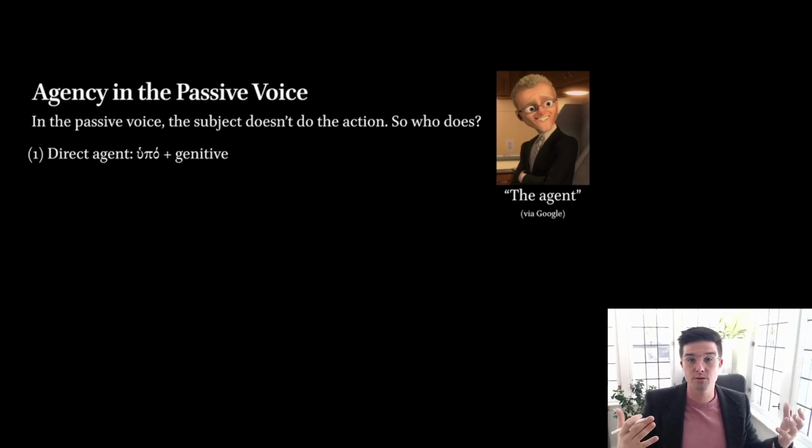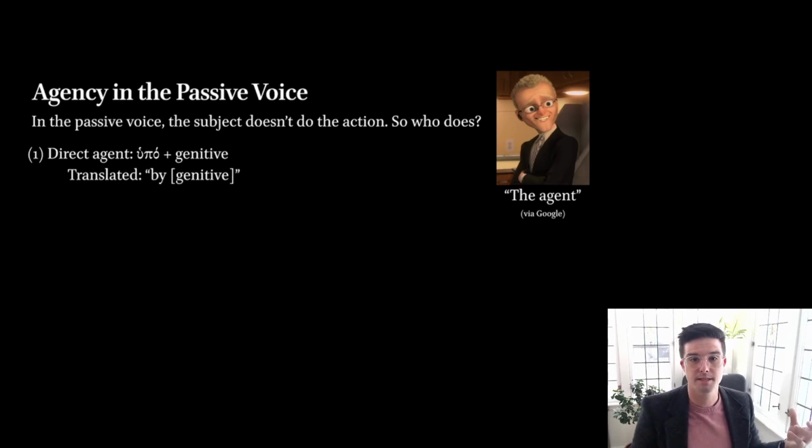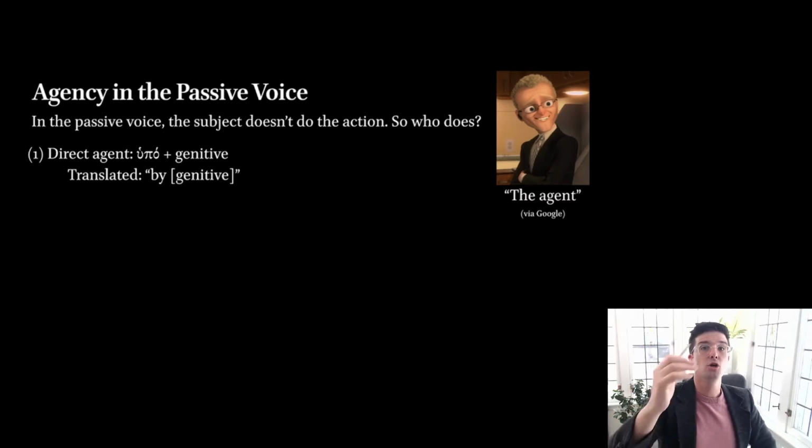The first is what is called the direct agent, and it is indicated by hupo plus the genitive. This is when the passive verb is directly produced by someone. The person or thing that does the action of the passive verb to the subject, which will still be in the nominative case, is going to be in the genitive.